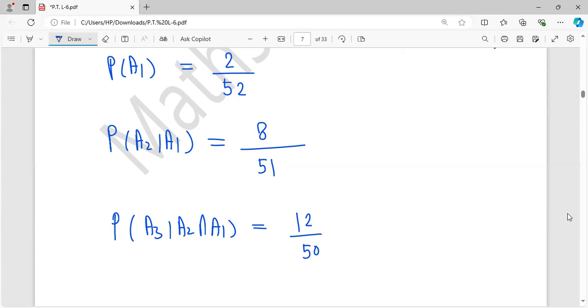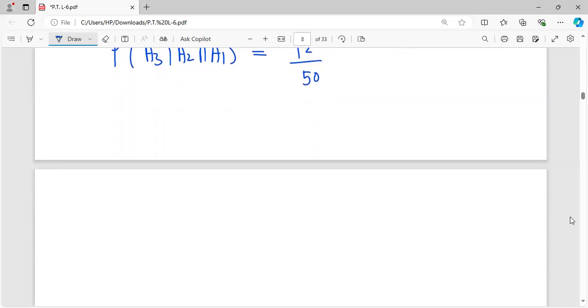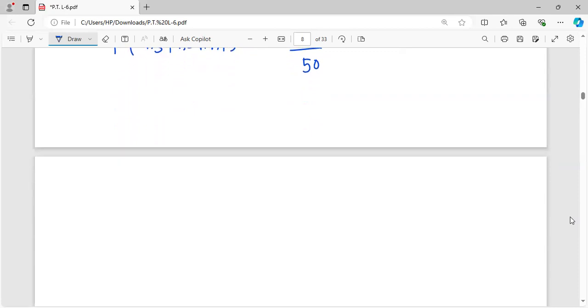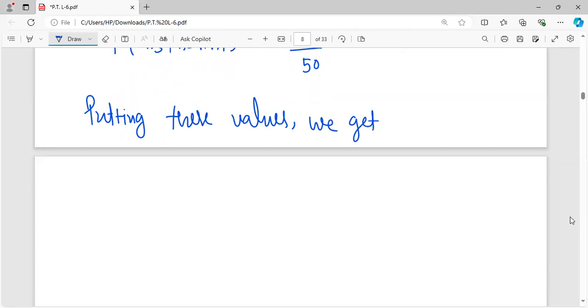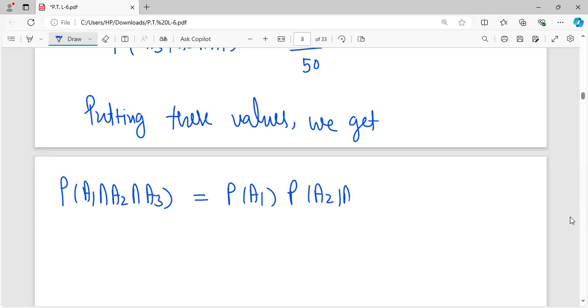So putting the values, we get P(A1 intersection A2 intersection A3) is equal to P(A1), P(A2 relative to A1), and finally P(A3 relative to A2 intersection A1).